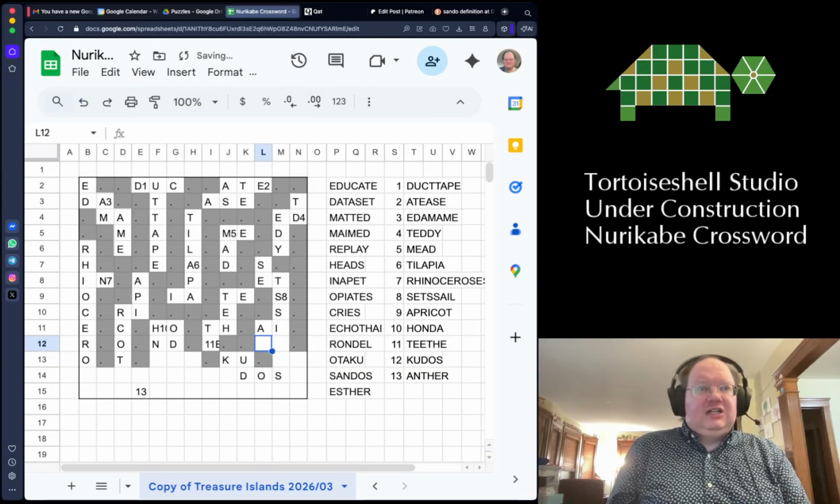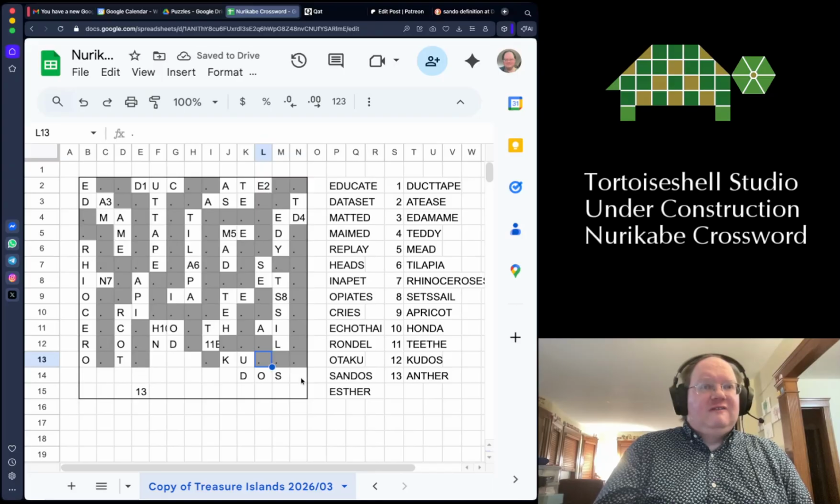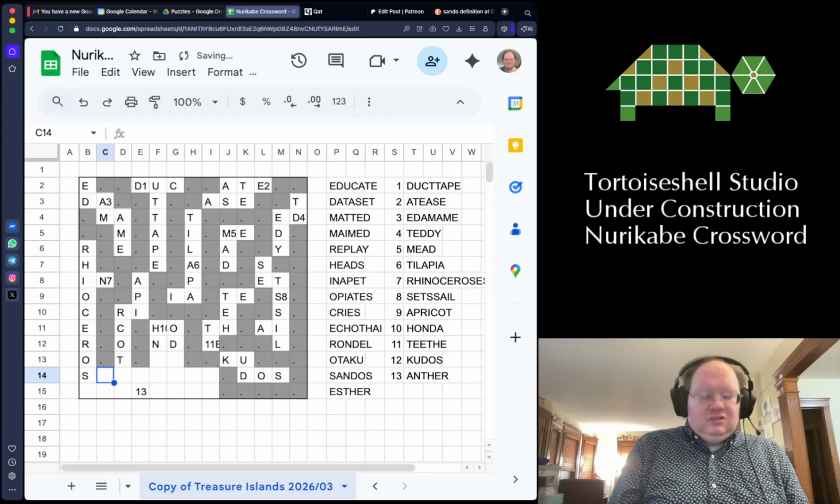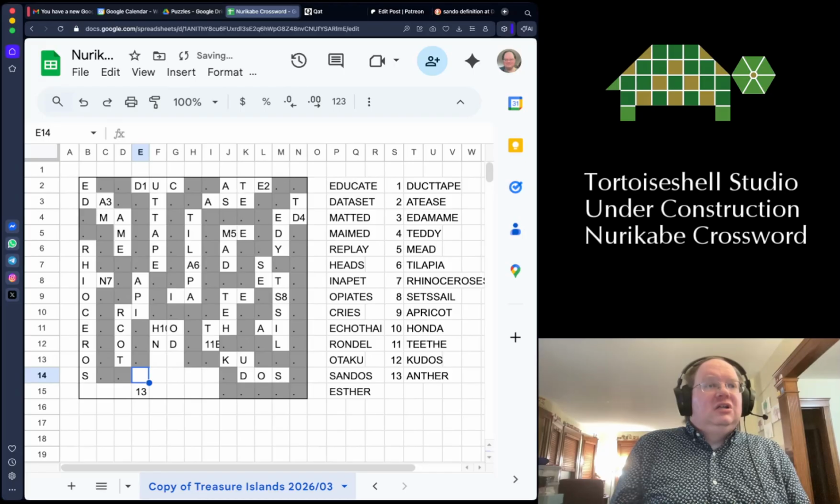Then we have dot L. I'm doing this because it's the wrong way to do it, and I want to see if it fails me. All right. S dot ES dot.